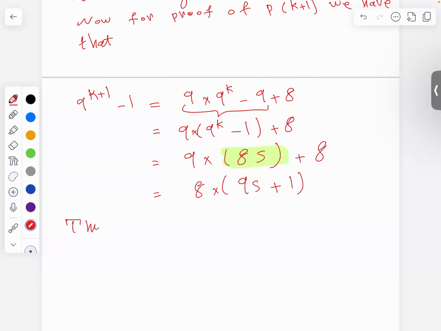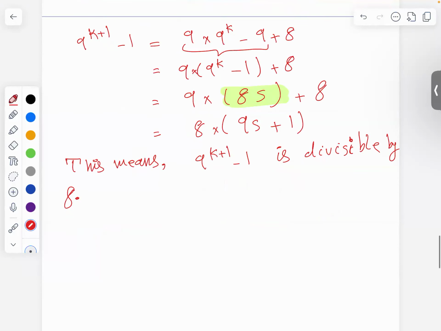This means 9 power k plus 1 minus 1 is divisible by 8, i.e., P of k plus 1 is true.